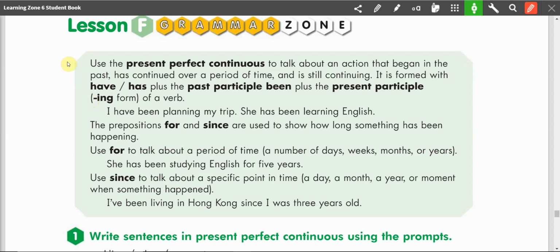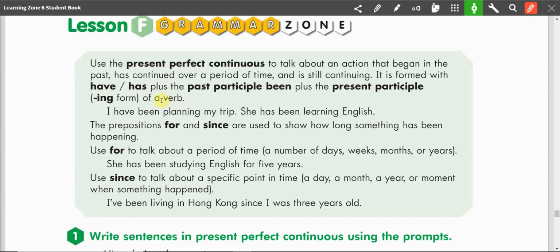All right, so use the present perfect continuous to talk about an action that began in the past, has continued over a period of time, and is still continuing. It is formed with have or has plus the past participle been plus the present participle, the ing form, of a verb.